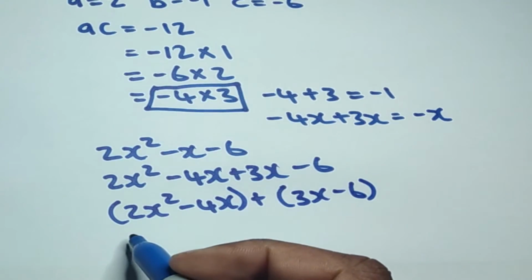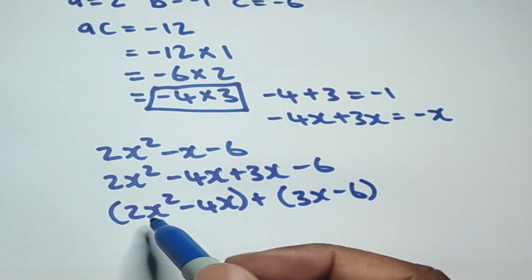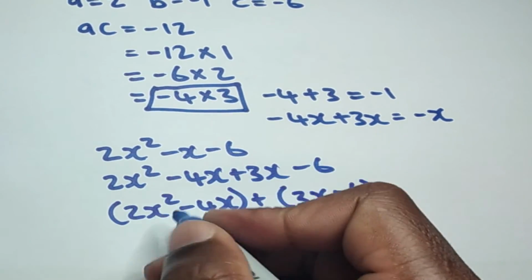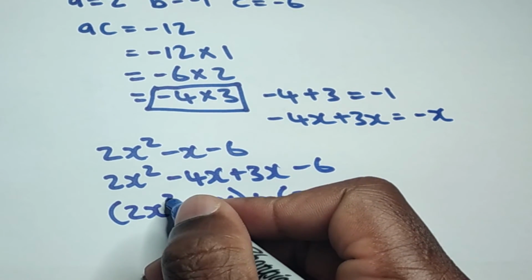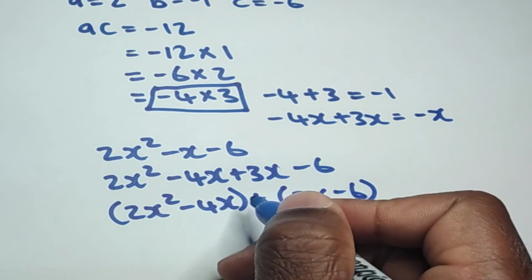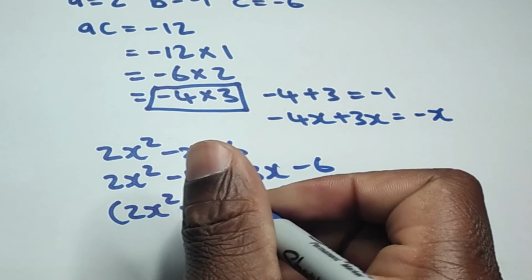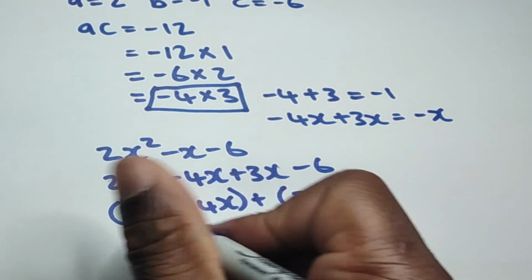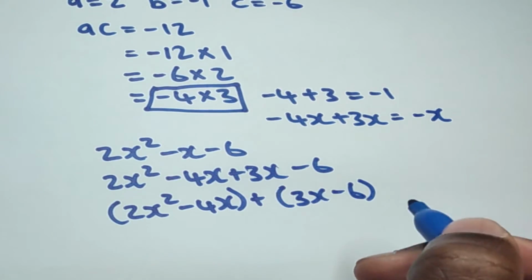And again, what we're going to do is factor what's common among the terms in each bracket. So what's common in 2x squared and negative 4x? What we want to look at is the highest common factor. Look at the numbers first.